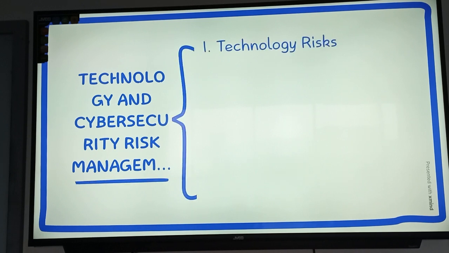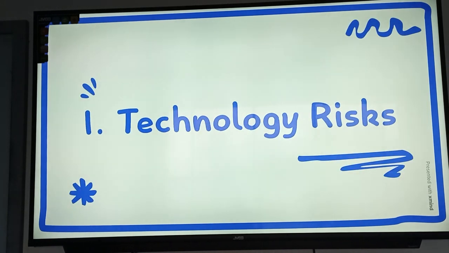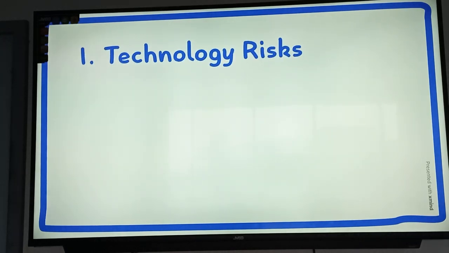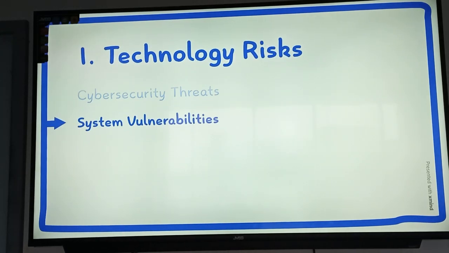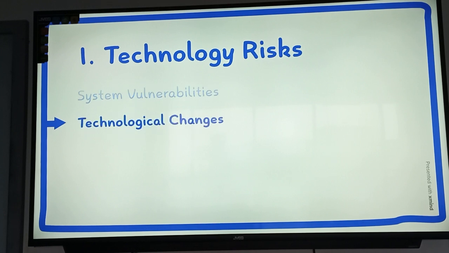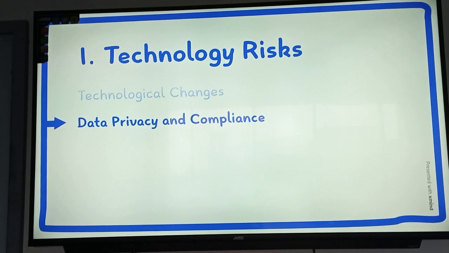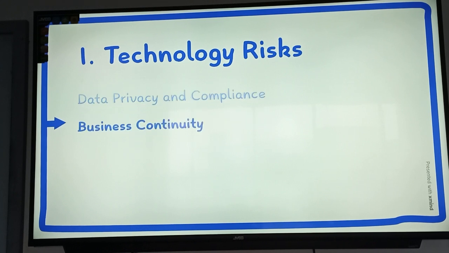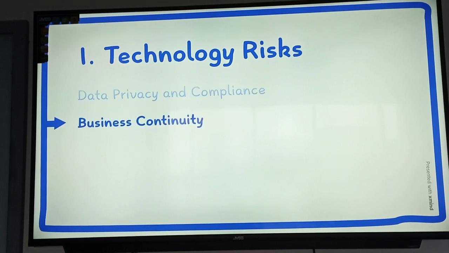The first one was several technology risks. What are they? Under this section, we have learned about cybersecurity threats. We have talked about system vulnerabilities. We have talked about technological changes. We have talked about data privacy and compliance, and finally we have concluded business continuity.